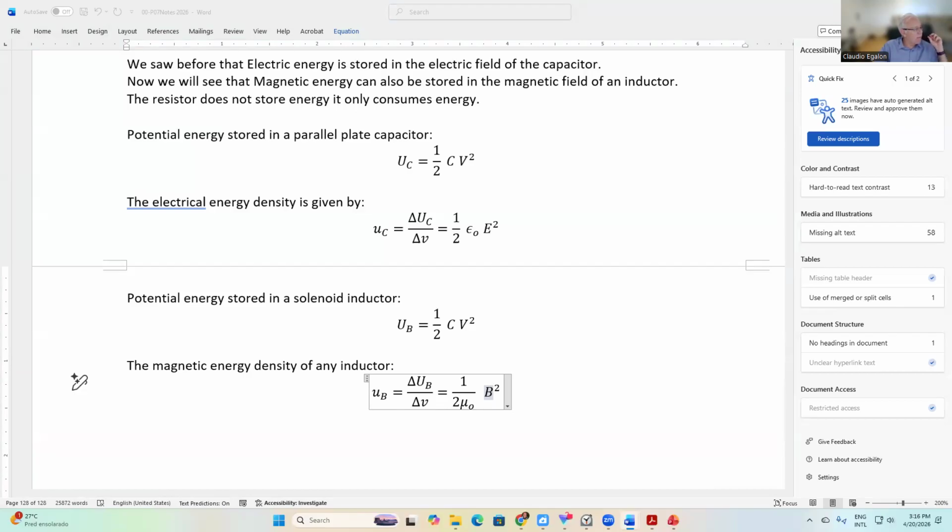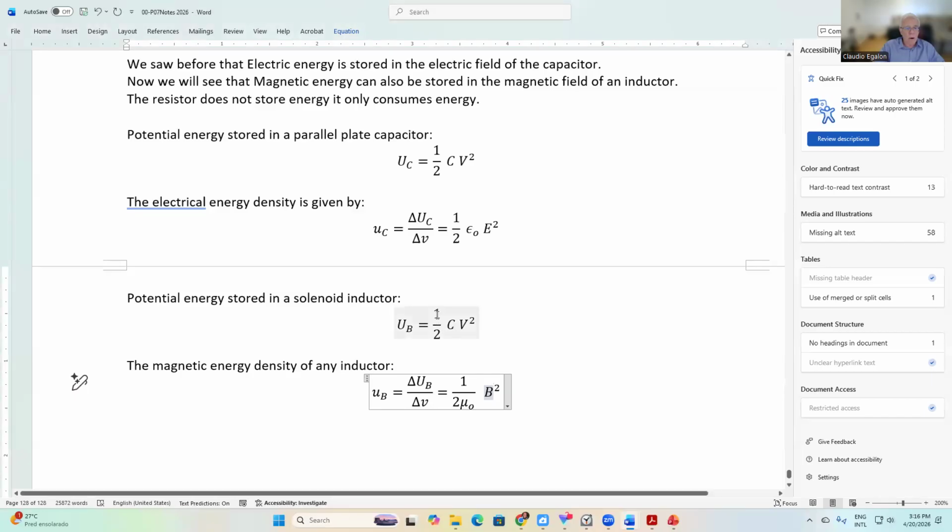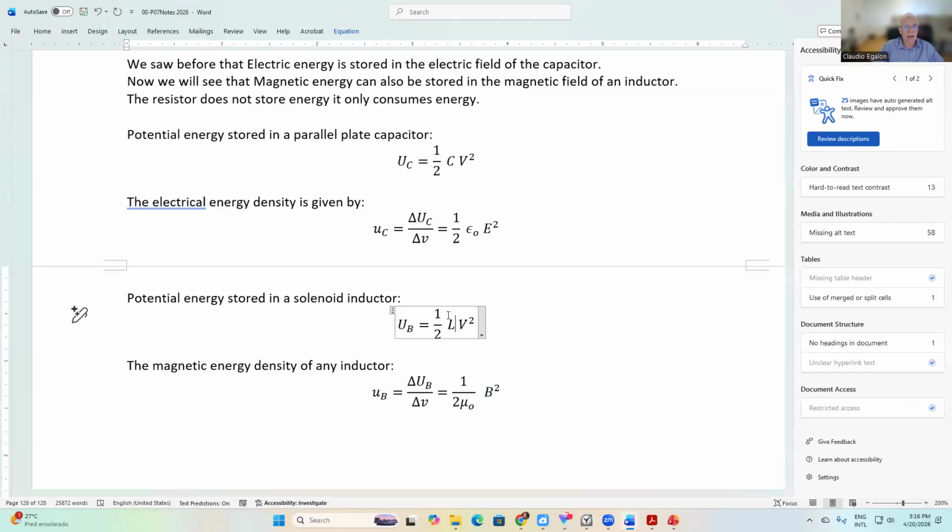And we can derive that, by the way. The reasoning is very similar. Let me just give you the final equation, so we can make the derivation after that. What is half becomes half. What is C becomes L, okay? And what is V becomes I. That's not difficult, right?